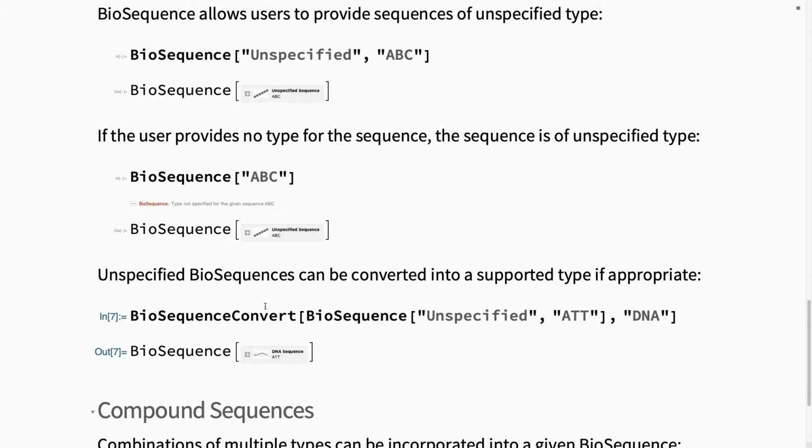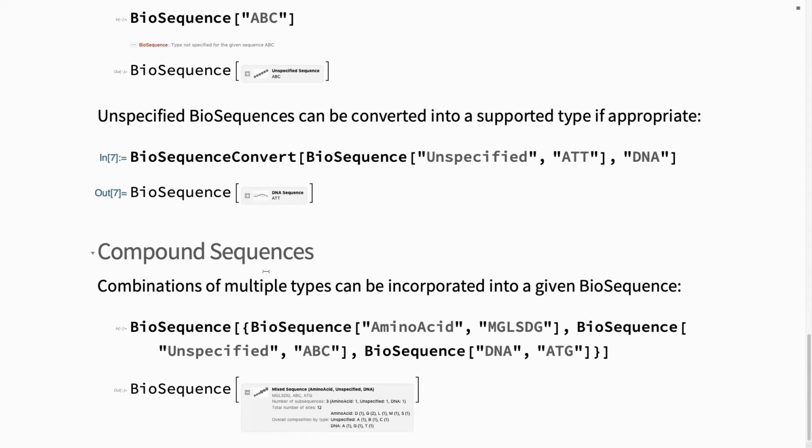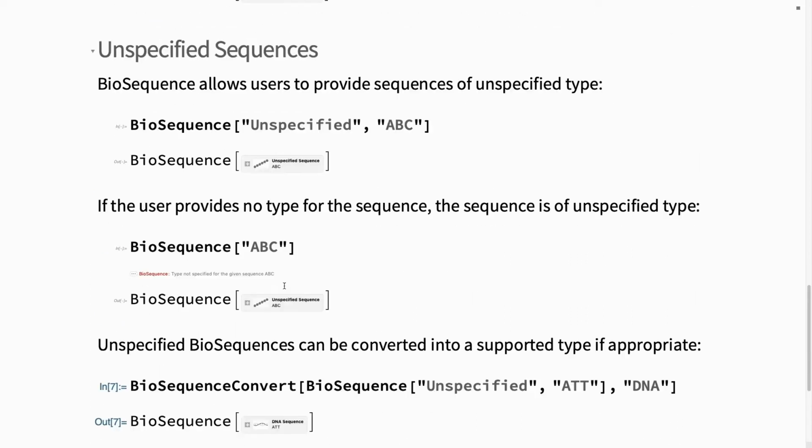And if it's a known type, you can convert it later if you didn't specify the type at the time, once you determine what it is. And you can build these compound sequences. This is really handy for the case I described before, where you have some DNA sequences coming off of equipment and they're capped with, like, a fluorine or something. You could just tack that on there and represent this as a mixed sequence type.